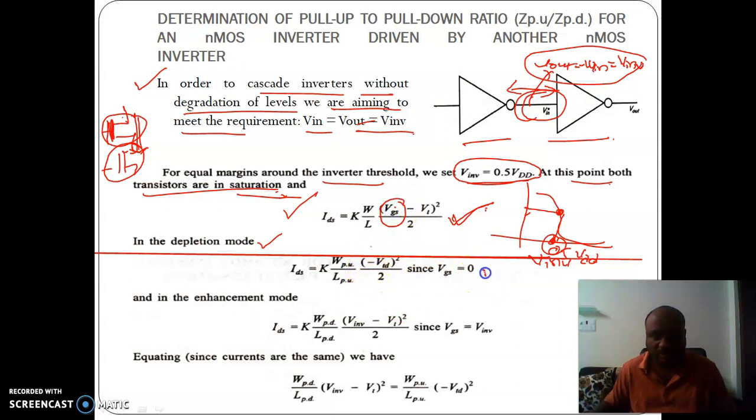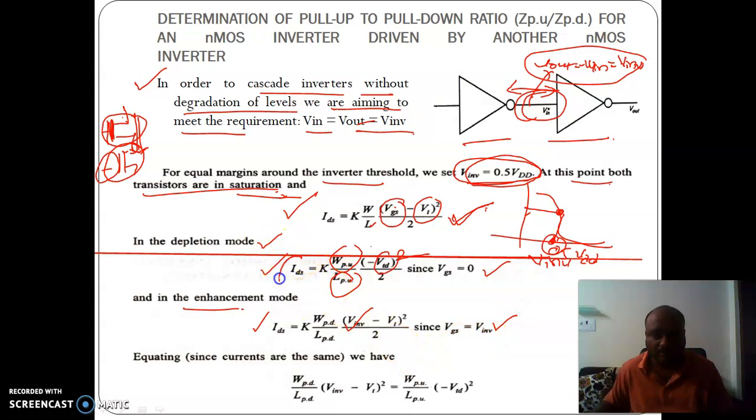Substituting it, we get K into WPU by LPU into (minus VTD) whole square by 2, where VTD represents the depletion threshold. In enhancement mode, IDS is equal to K into WPD by LPD into (Vinv minus VT) whole square by 2, since VGS, the input applied between gate and source, is Vinv, which we consider to be 0.5 VDD.